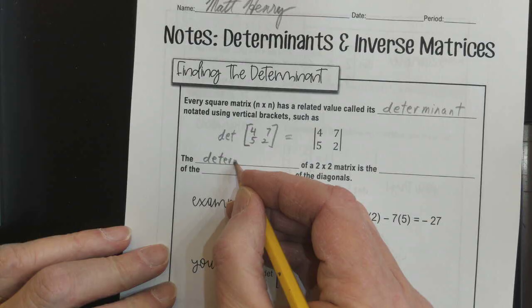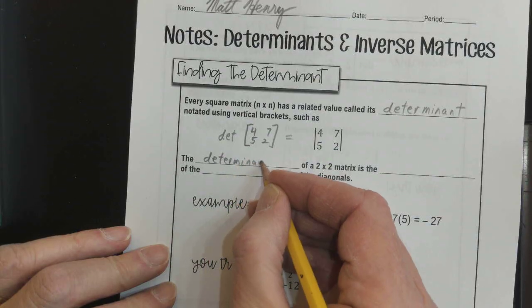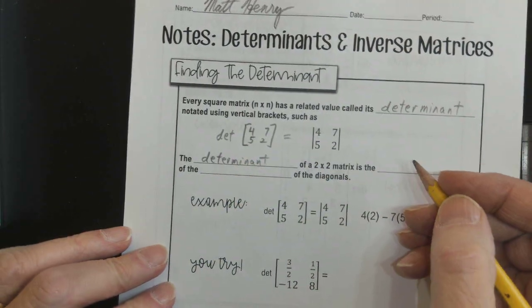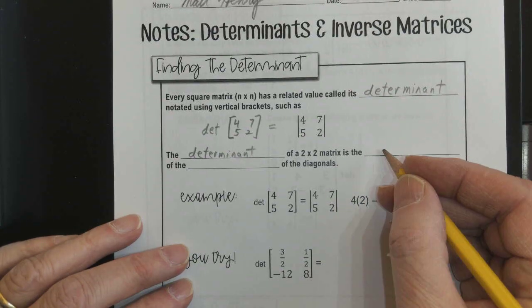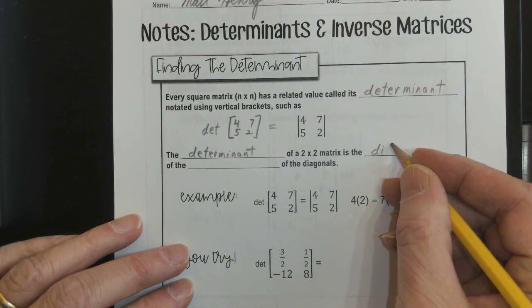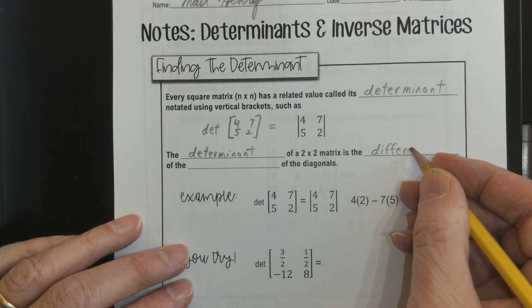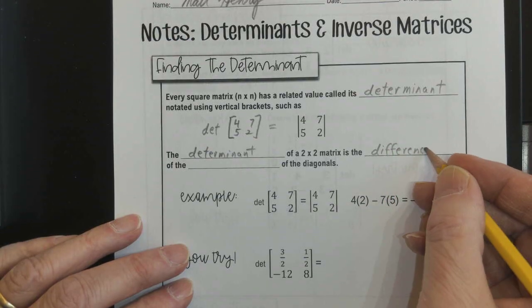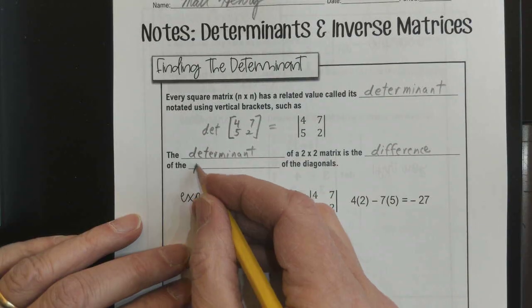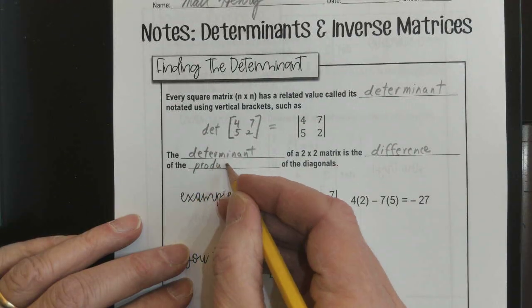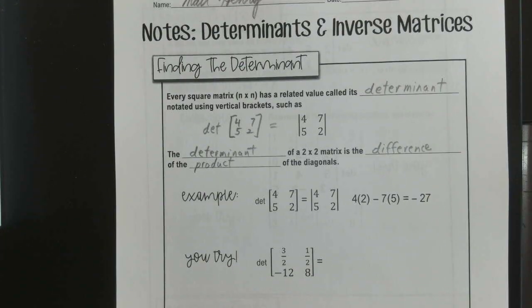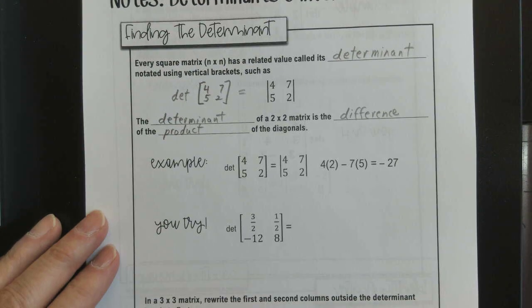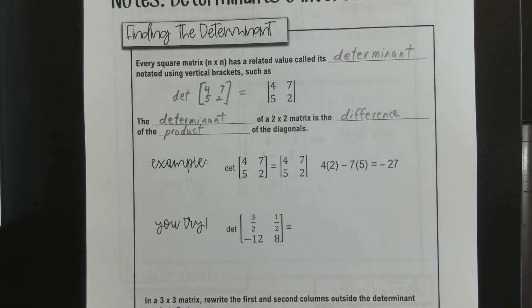The determinant of a 2 by 2 matrix is the difference of the product of the diagonals. Okay?